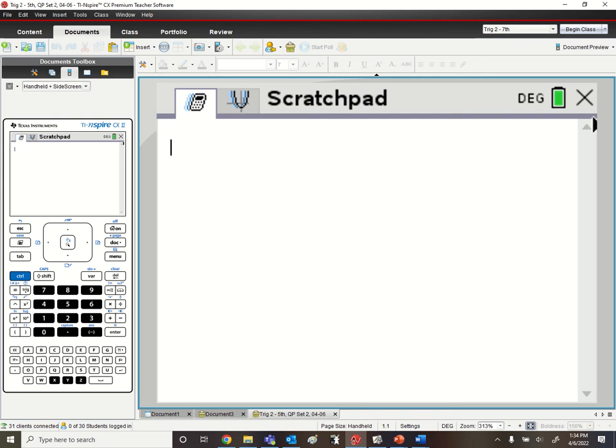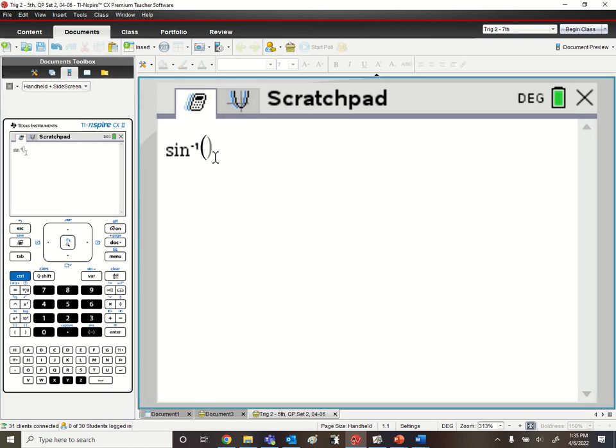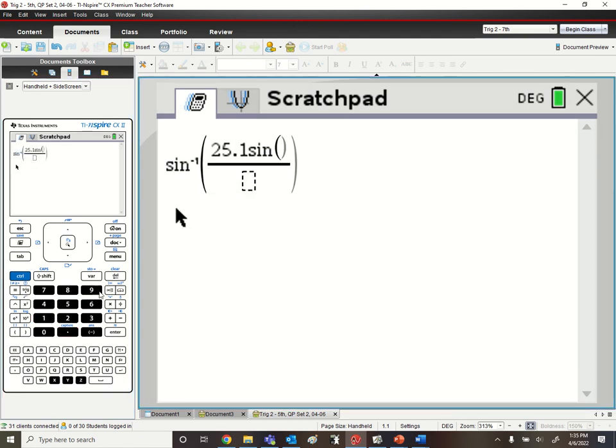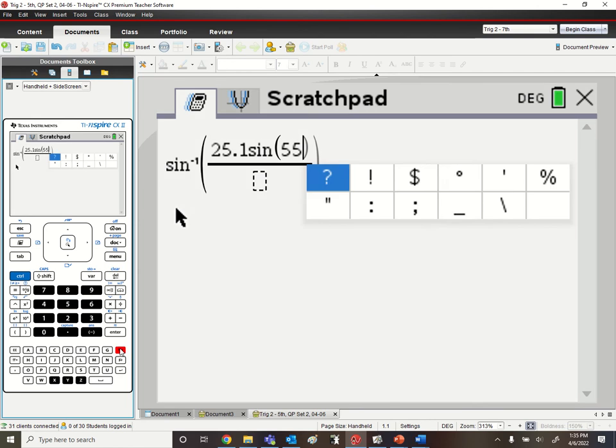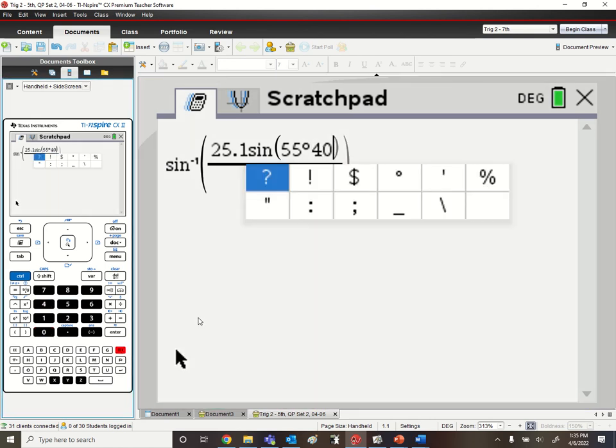What mode's my calculator got to be in? Degrees, because I'm using degrees. Now, when I do this, it's important. So I'm going to start with my inverse sine. And now, inside that inverse sine, what should I put? My fraction, my controlled divide. And then I put, what was the number? Times sine 55 degrees 30 minutes.